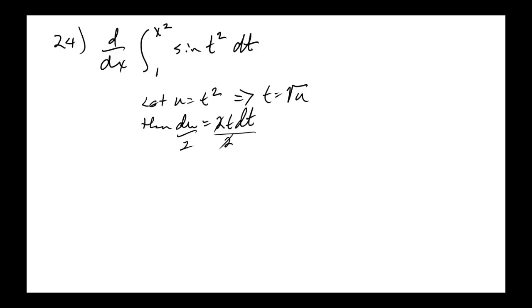So then you could have put the square root of u in here and put 1 over the square root of u here. Divide that out too. That goes away. So your dt is du over 2 root u.